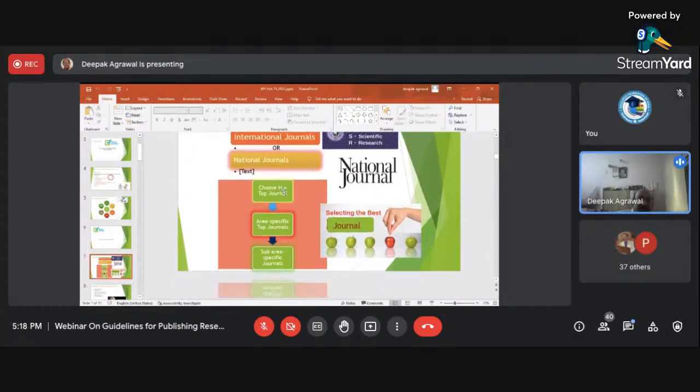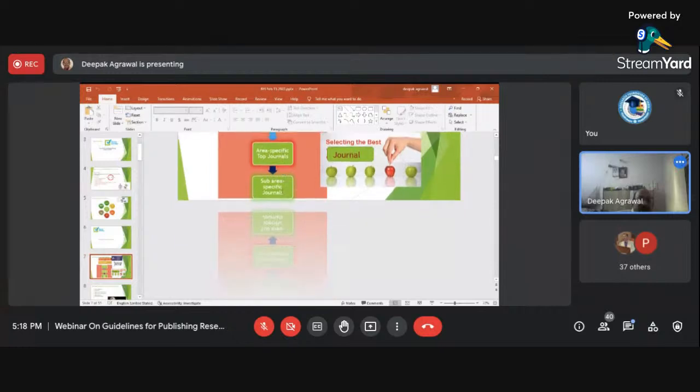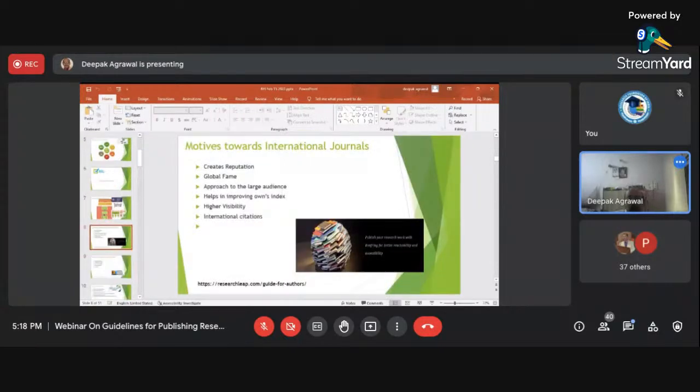Okay, next slide. Why do we need to get our publication in international journals? These are a few of the reasons. Number one, definitely it creates a good reputation in the academic world.